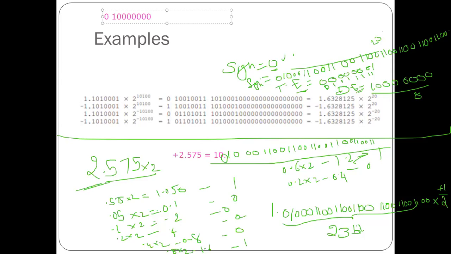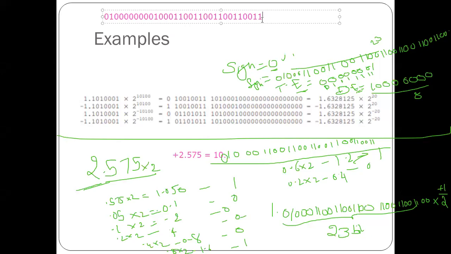And then our significant 0 1 0 0 0 1 1 0 0 1 1 0 0 1 1 0 0, likewise 23 bits. Okay, so this is your 32-bit representation for the number 2.575. So this is how you have to convert. Is it clear?